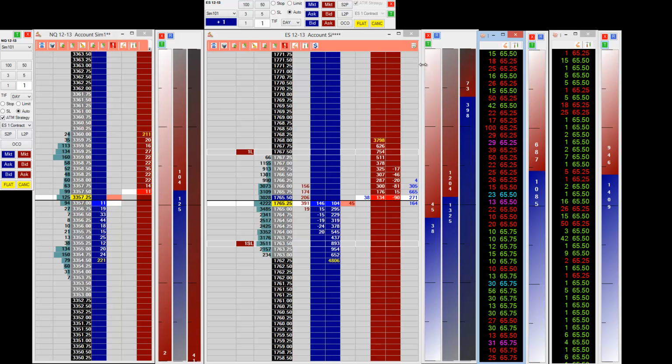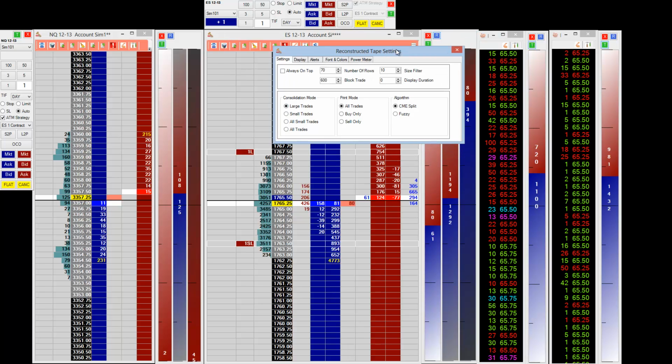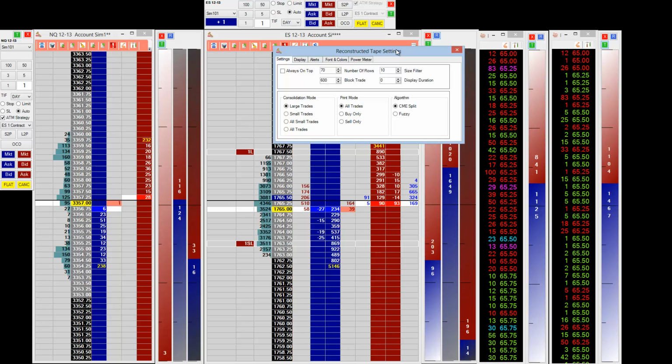Now, why would you put the power meter in the reconstructed tape as well as depth and sales? The simple answer is because you can filter the reconstructed tape. One of the things the reconstructed tape does is take all of those trades that were split by the CME. So when somebody puts in a market order for 1,000 contracts, you will not see 1,000 contracts on the regular time and sales, but you will on the reconstructed tape.